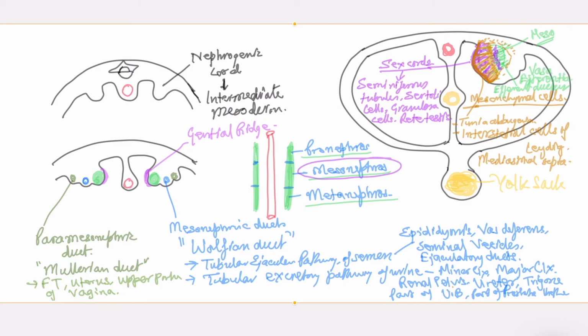The vasa efferentia, or efferent ductules, communicate the rete testis to the epididymis. And the blue color I had used in the first diagram. Remember, here is the mesonephric duct, and here is the paramesonephric duct. The light green colored part I've used is for the formation of vasa efferentia, which communicate the rete testis to the epididymis, because the epididymis is formed from the mesonephric duct.